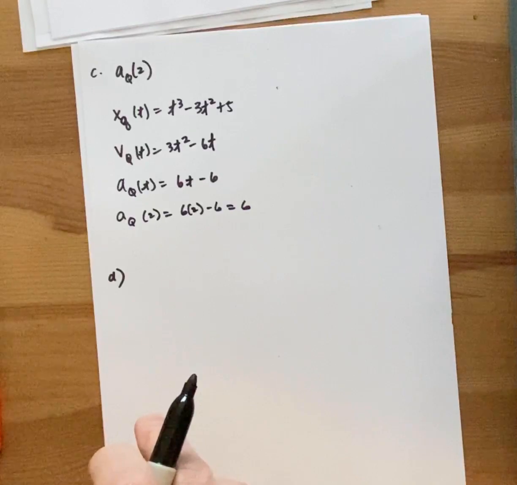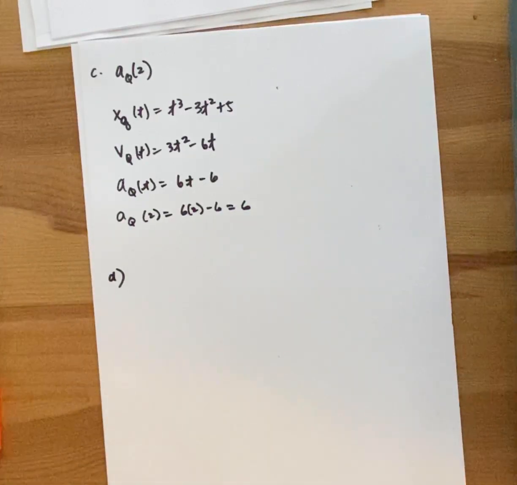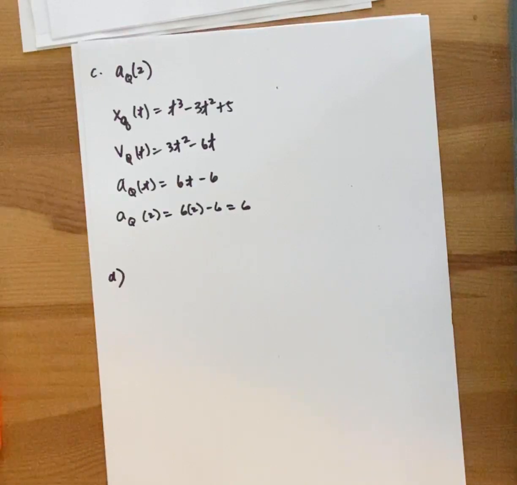All right, so for part D, it says describe the position of particle P and the position of particle Q as T approaches infinity.